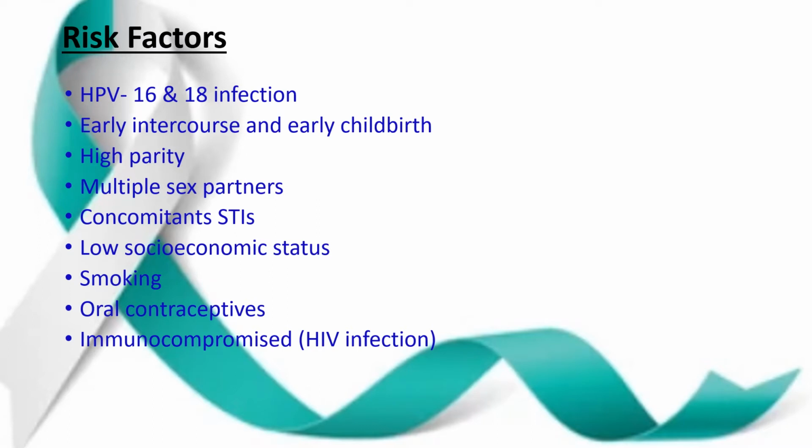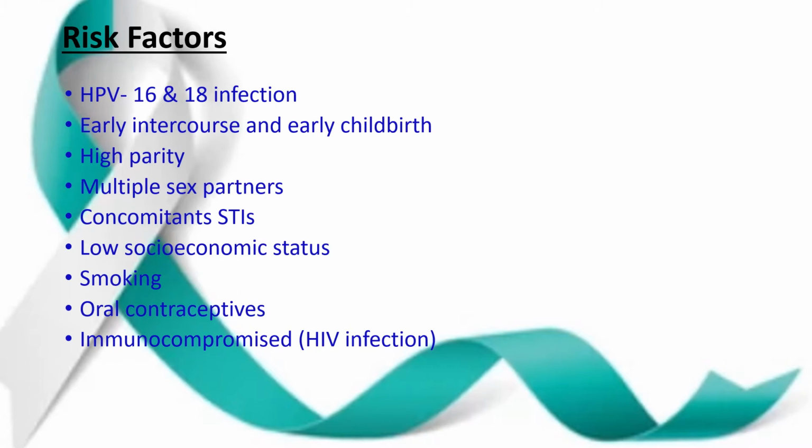Risk factors for cervical cancer. Usually 80% of men and women are infected with HPV, but our immune system eliminates this virus. But if the infection persists for a longer time, there is a chance of developing neoplasia.